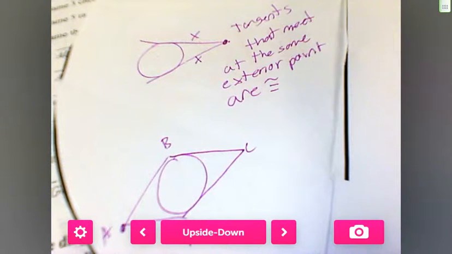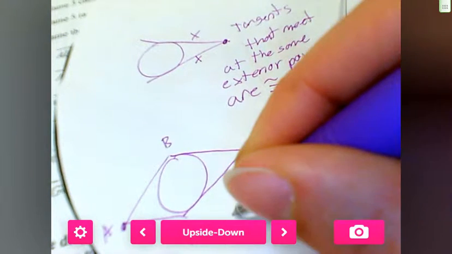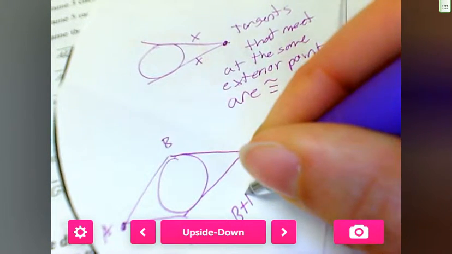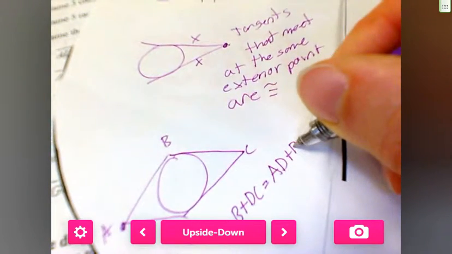Okay. And then if we've got a circle surrounded by tangents like this, we can say AB plus DC equals AD plus BC.